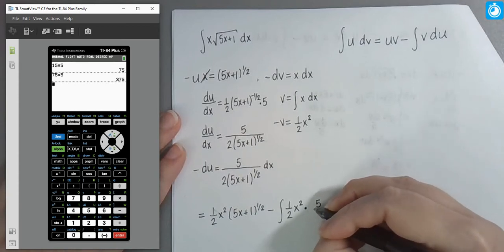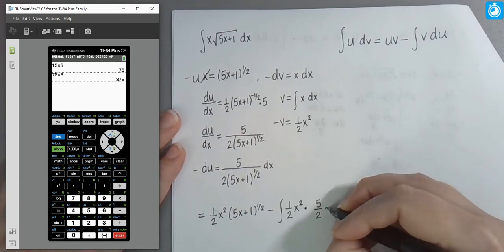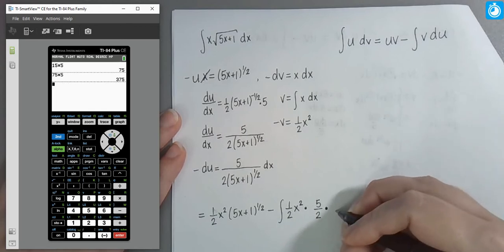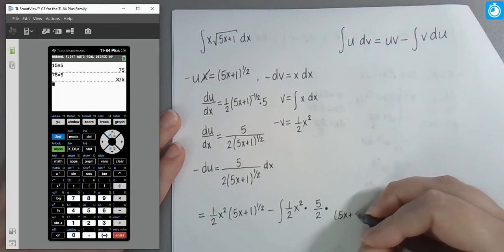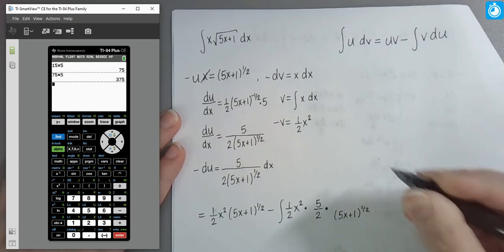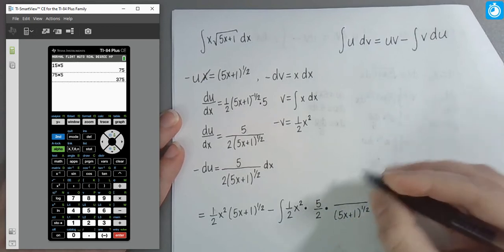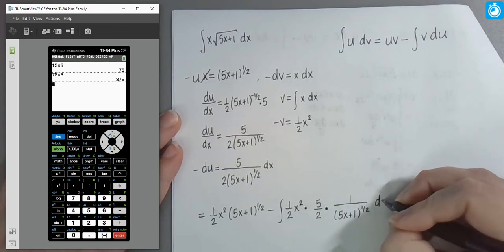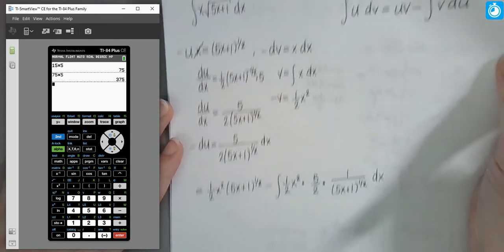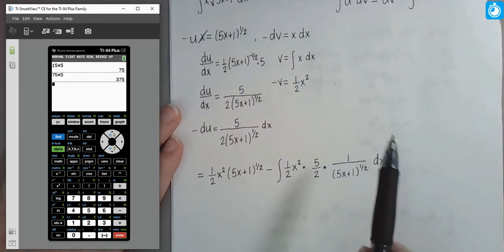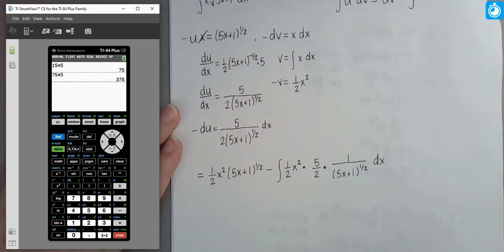So 5 over 2, we'll break that apart, and then we have a 5x plus 1 to the 1/2 in the denominator, and then we have dx. Well, just because this looks complicated doesn't mean it can't be antidifferentiated. The previous one looked complicated, but we were able to find its antiderivative.